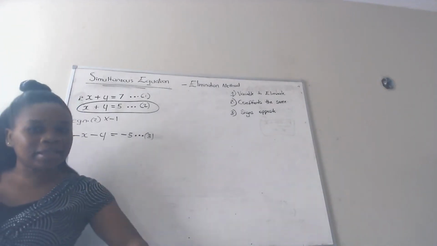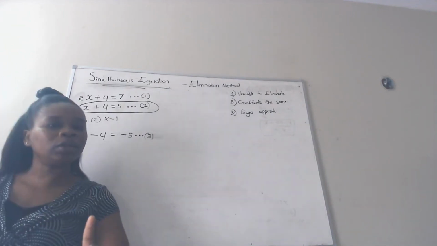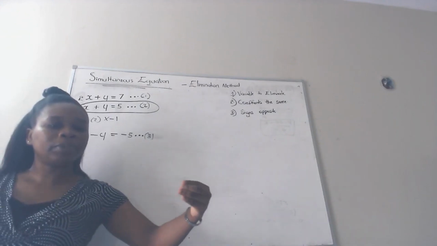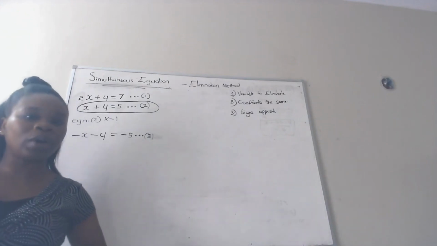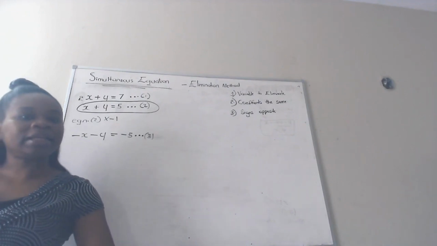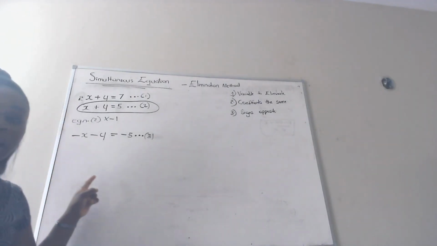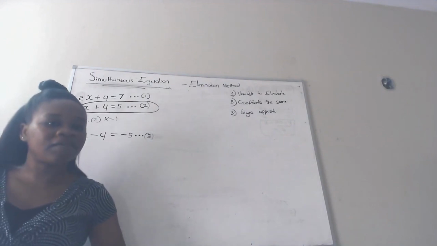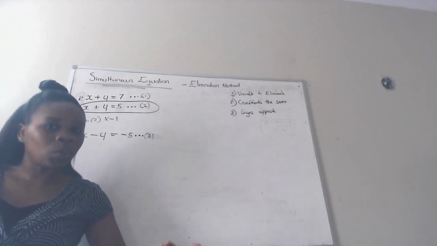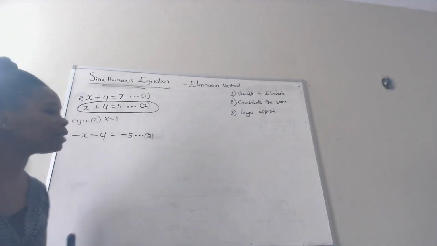It means I still have 1. So you can look at the positive as what you have and the negative as what you owe. So I have 2 and I owe 1. It means I still have 1. 1 what? 1x, which is the same as x.